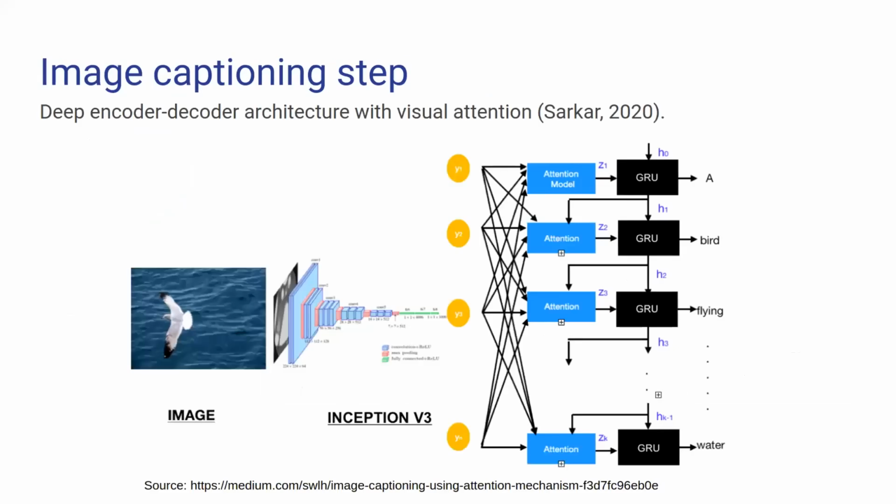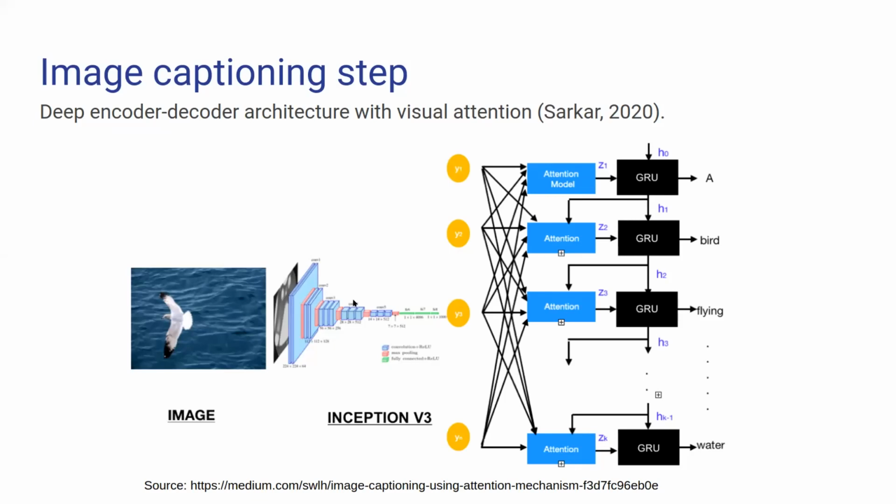Okay, so the first step is to translate the content of the image into text. So we use a very well-known encoder-decoder deep learning architecture, where the encoder is based on a convolutional neural network with pre-trained weights based on Inception V3, which is very well known in the image processing community.